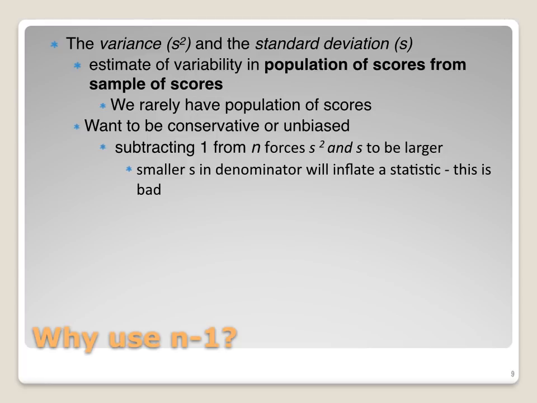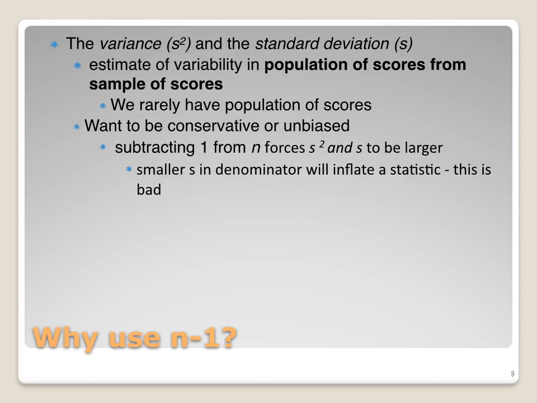So by subtracting 1 from n, it forces variance, which is s squared, and standard deviation, which is s, to be, in fact, larger. And we want our variance and our standard deviation to be slightly larger because it means we're being more consistent.